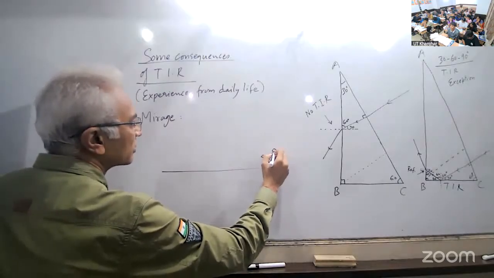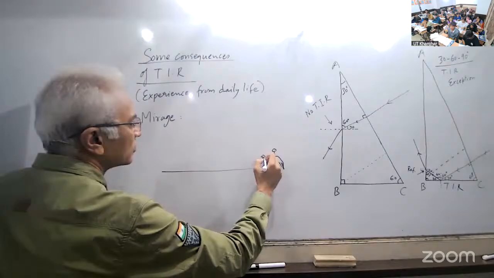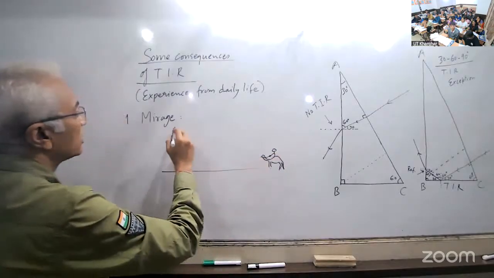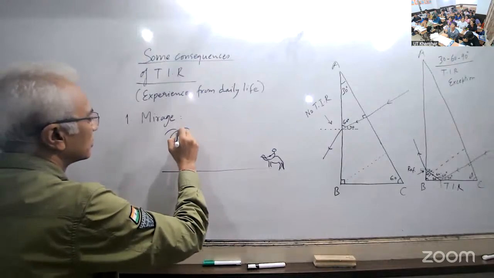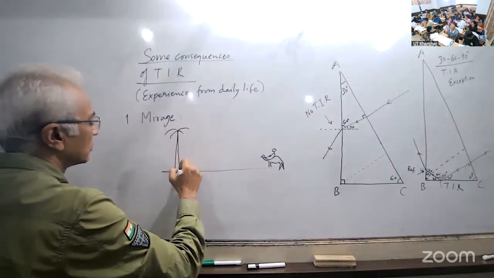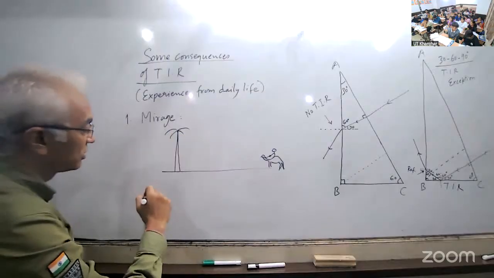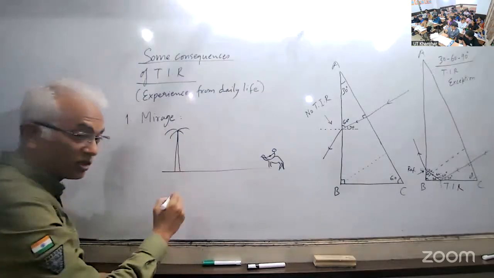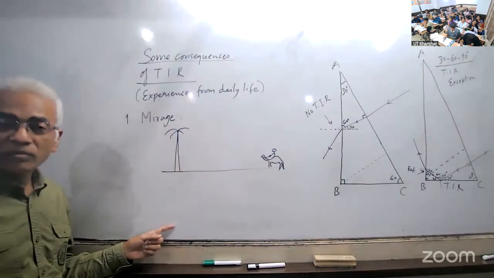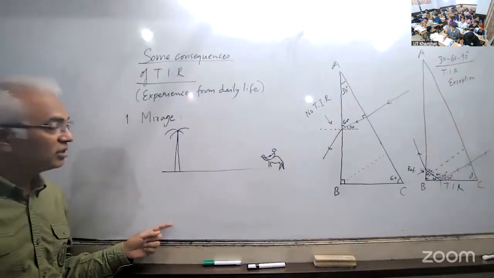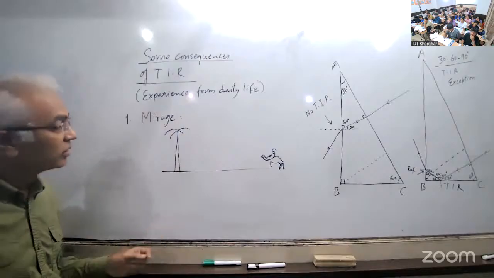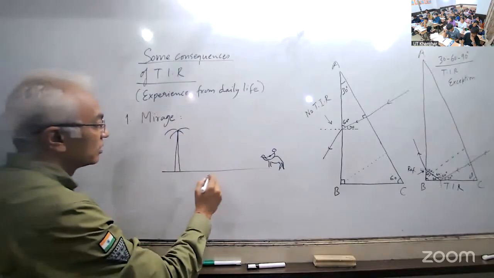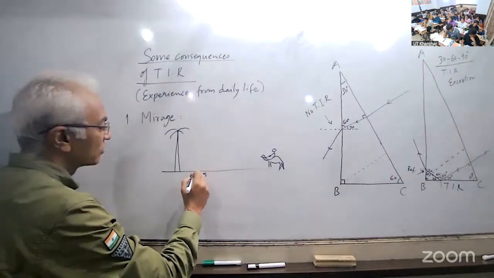Somebody is sitting here, and he sees some tree far away. And he sees the image of the tree here. Now the image of the tree is possible when there is a water body, right? So actually what happens, this is sand, right? Hot sand.